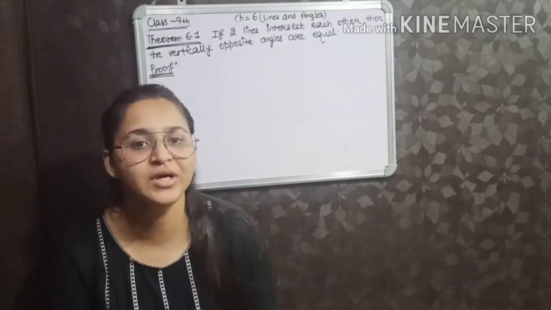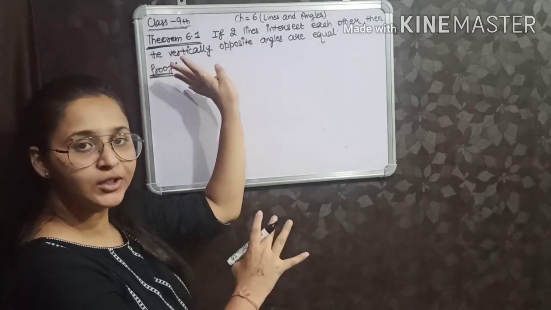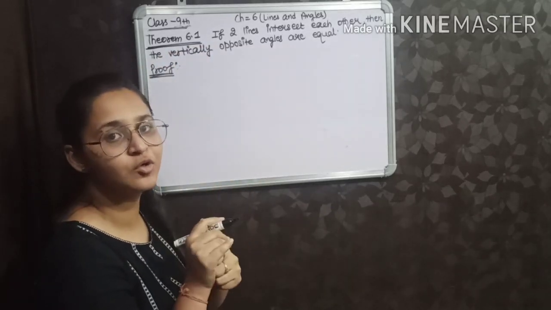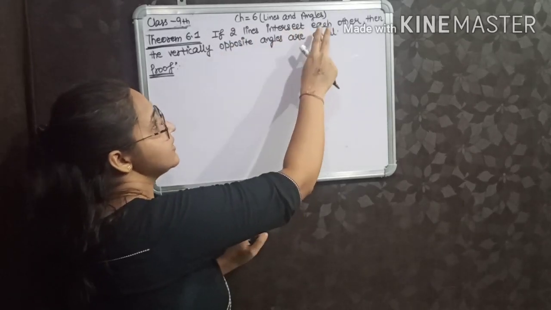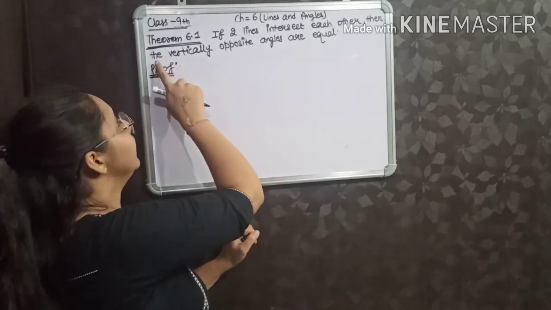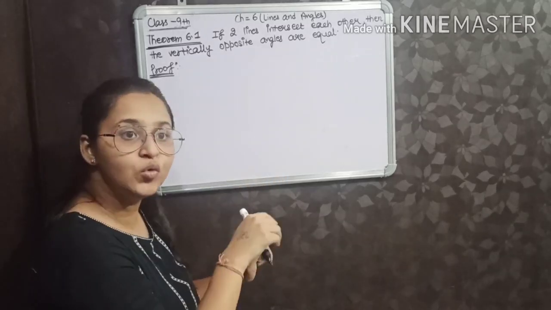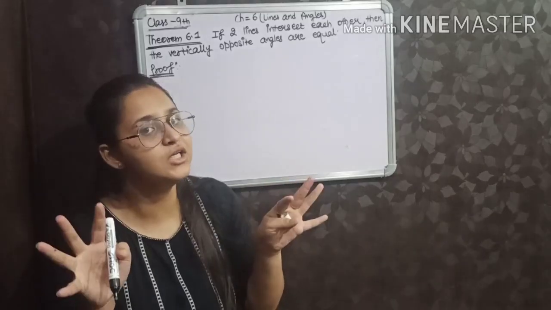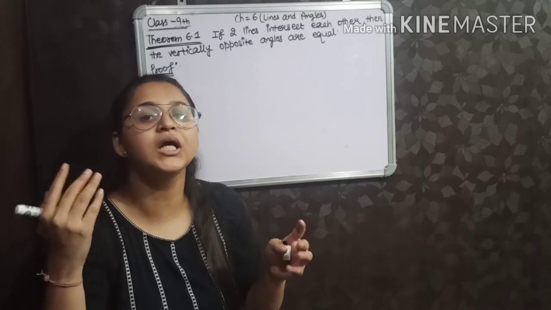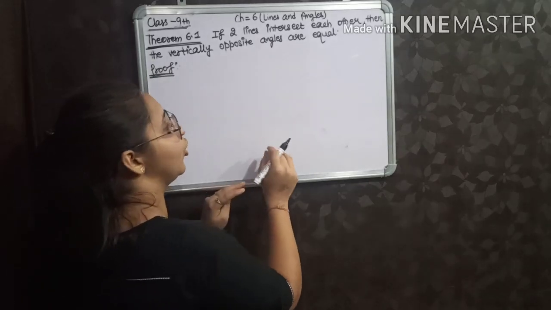So students, we have theorem 6.1. This is an important and most commonly used theorem. It says that if two lines intersect each other, then the vertically opposite angles are equal. Now let us do the proof.